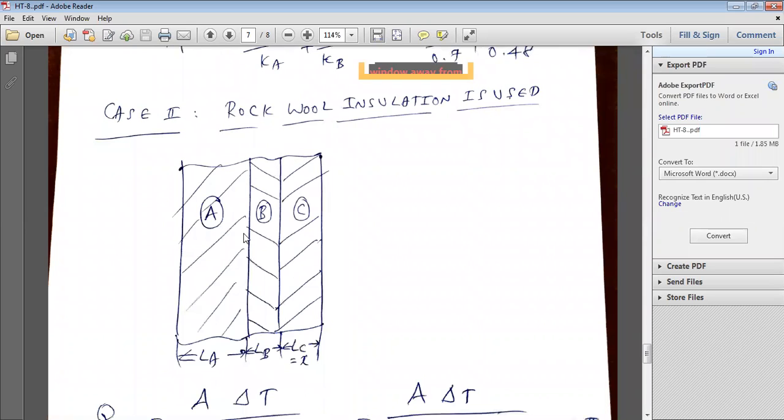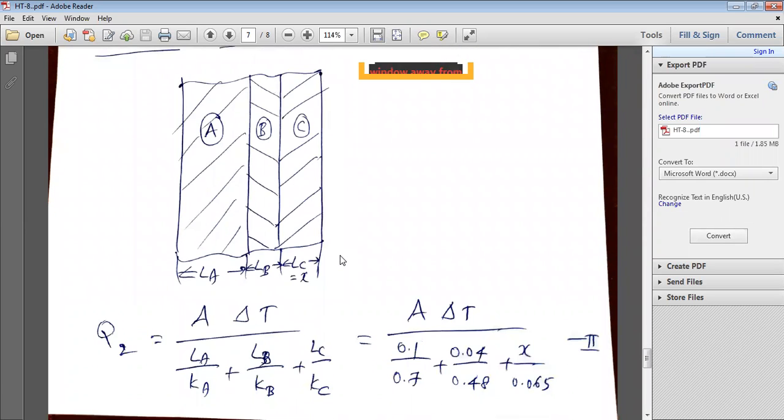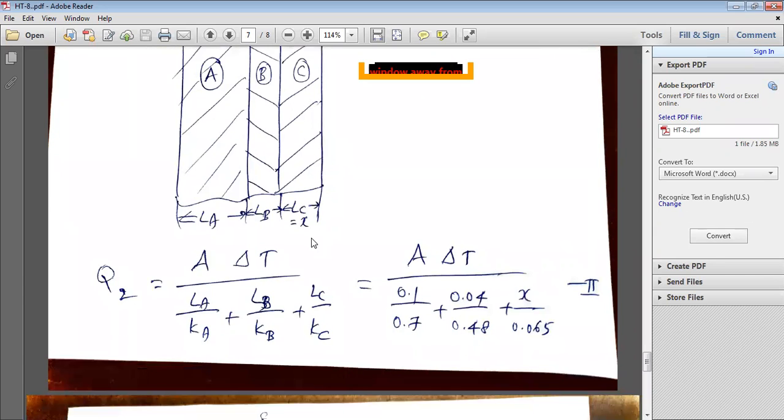But if you use the rock wool, material C, there is a reduction of heat transfer by 80%. If there are three materials, A, B, and C, with rock wool as the third material, how much thickness of rock wool should be added? So Q2, with three materials, is equal to the same area into delta T divided by LA by KA plus LB by KB plus LC by KC.